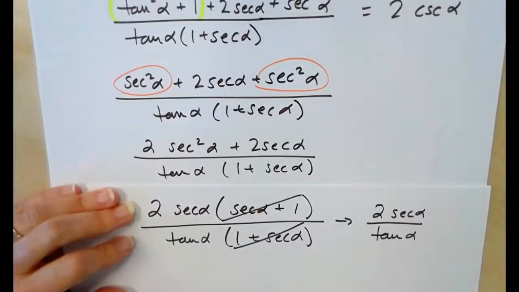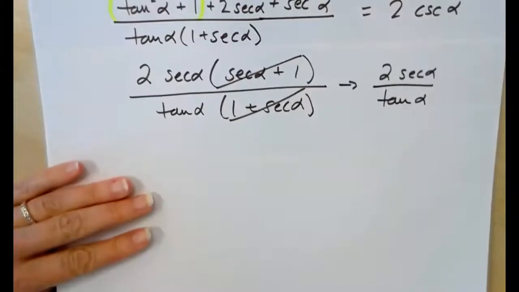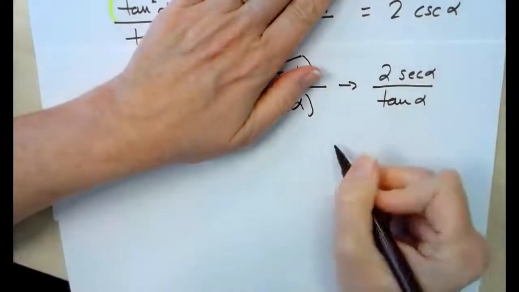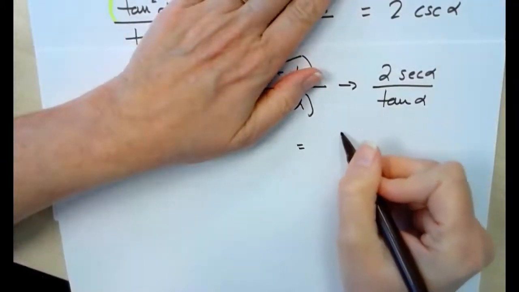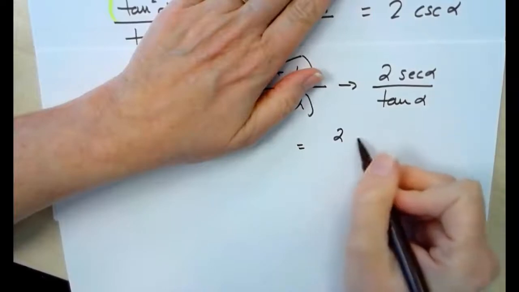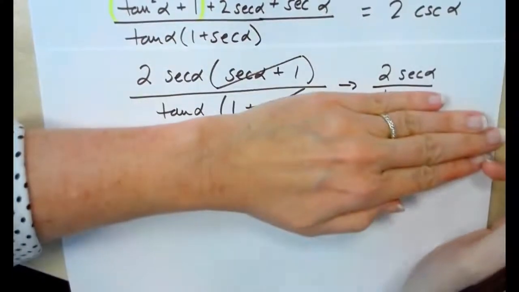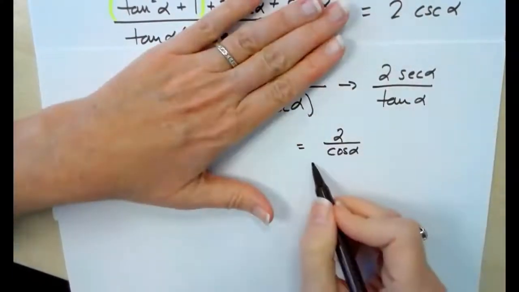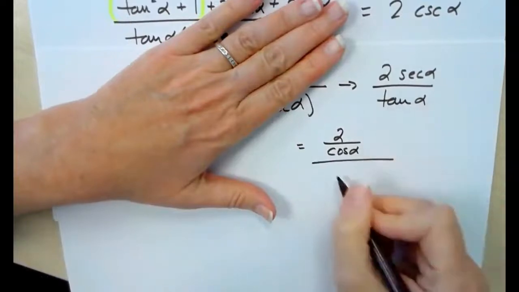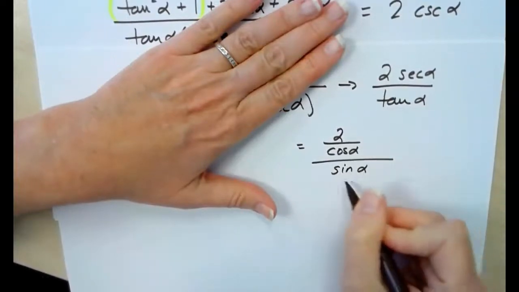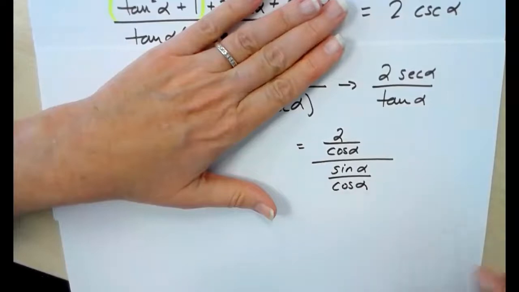So think about what 2 secant over tangent actually means. That would be 2 over cosine, just taking the reciprocal of that secant, secant alpha on the top, over tangent, which is sine alpha over cosine alpha.